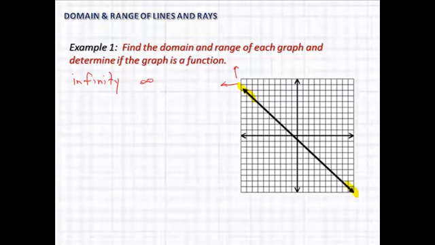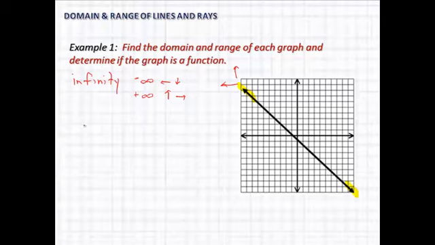When it goes to the left forever, it could be negative if it goes in the negative direction, left or down, and it could be positive infinity if it goes up or to the right forever. And remember, negative infinity was to the left and down forever. So we're going to remember that because we're going to use that when we write our domain.